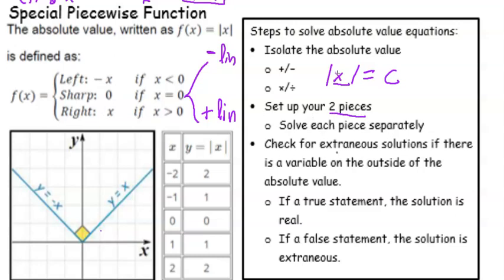Solve each piece separately. Check for extraneous solutions if there is a variable on the outside of the absolute value. So if there's like an x right here, then you'd want to check your answer. If it gives you a true statement, the solution is real. If it gives you a false statement, the solution is extraneous.